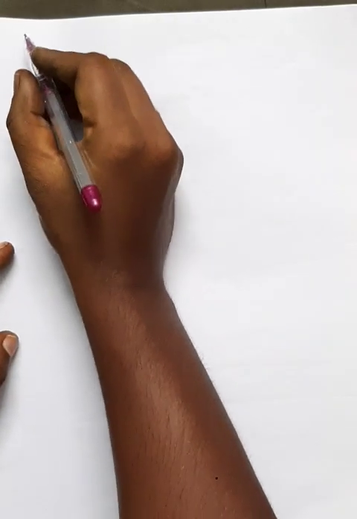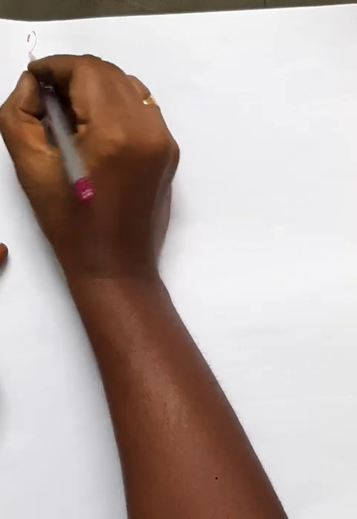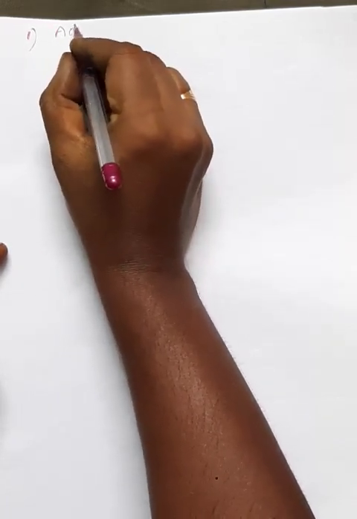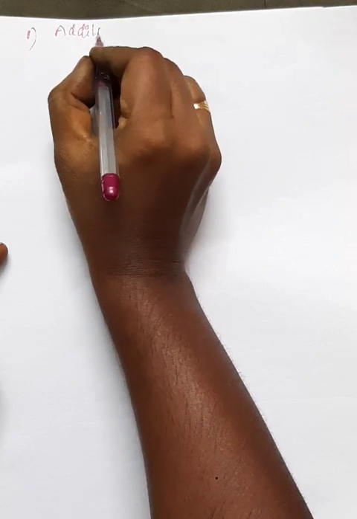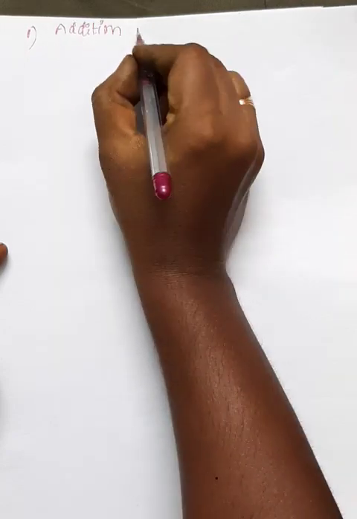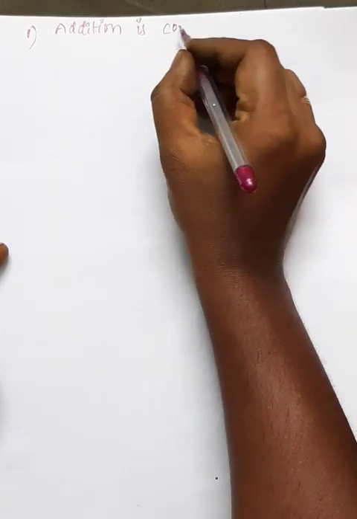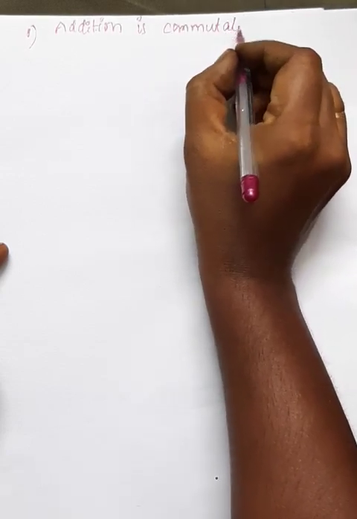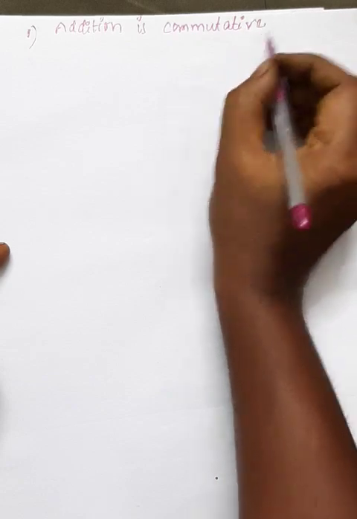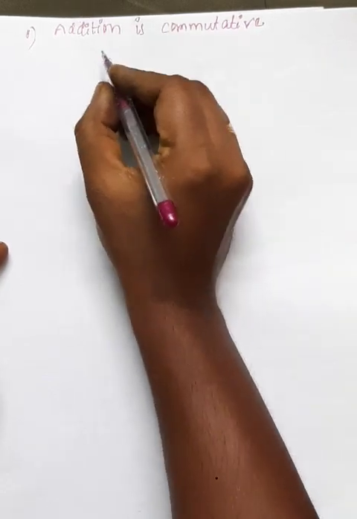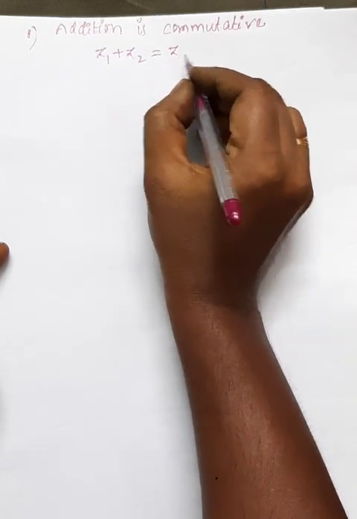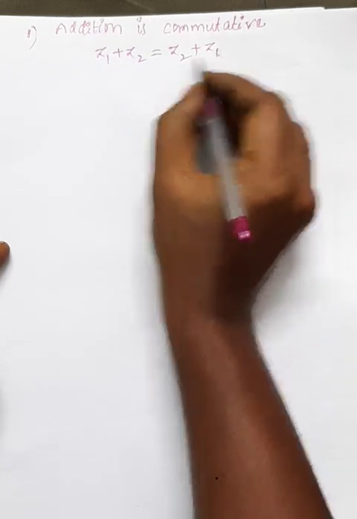Our first property of complex numbers is that addition of two complex numbers is commutative. That is, z1 plus z2 is equal to z2 plus z1.